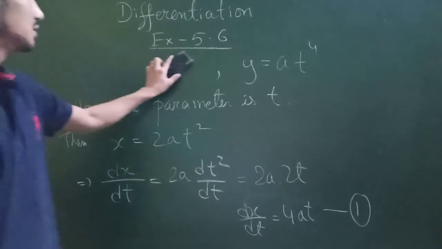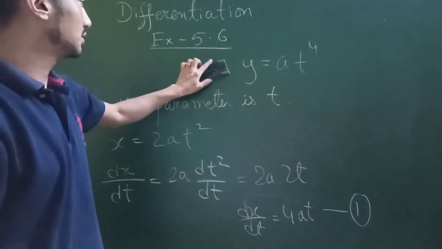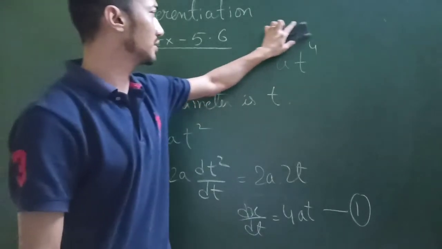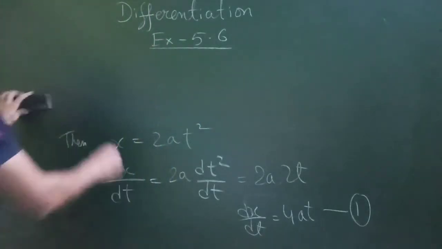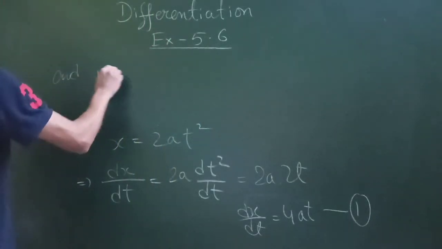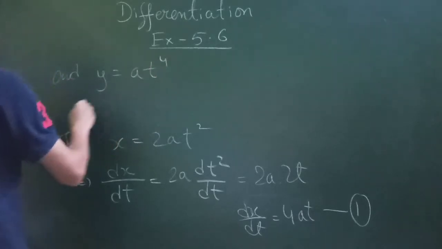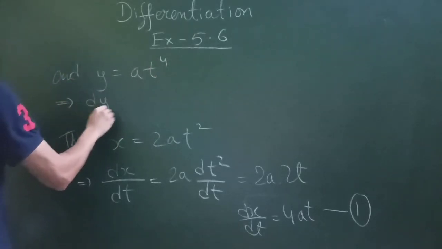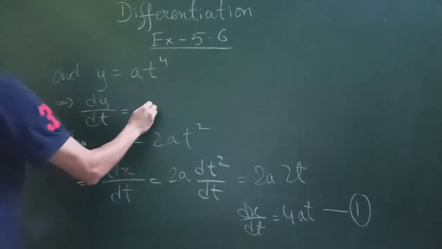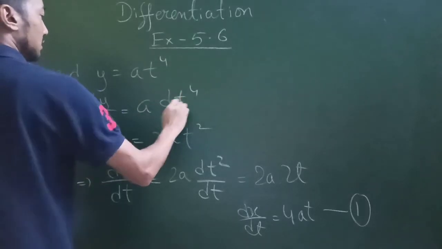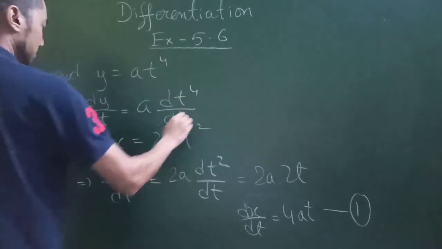Let's go to the second function, y equal to at⁴. We'll differentiate this also with respect to the parameter t. Constant a, t⁴ with respect to t.